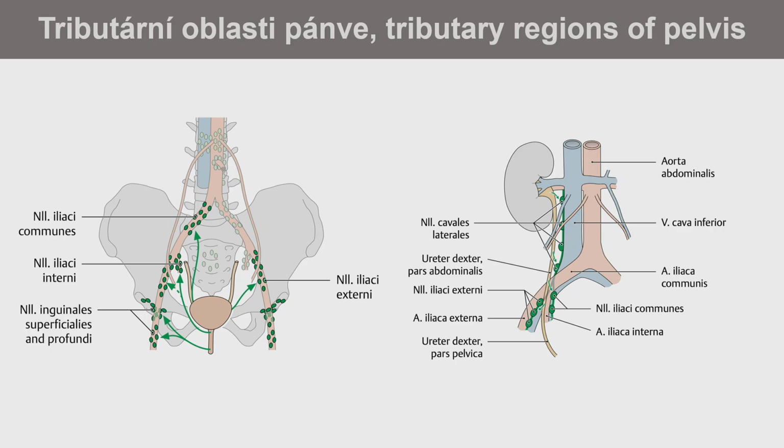Tributary regions of the pelvis are important also for tumors in the urinary outflow tract. There is now an increasing incidence of carcinoma of the vesica urinaria, the urinary bladder. It is due to several causes, one of them is smoking, even though it is declining, and drinking of hard drinks is also a predisposition.